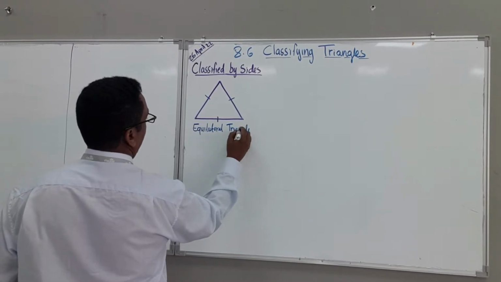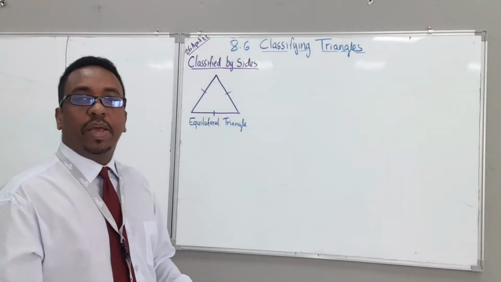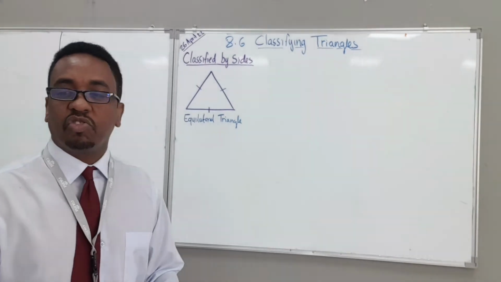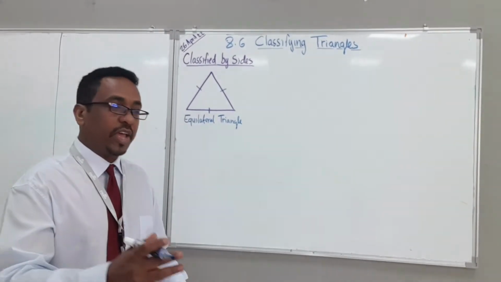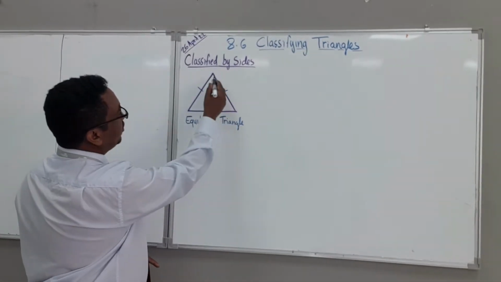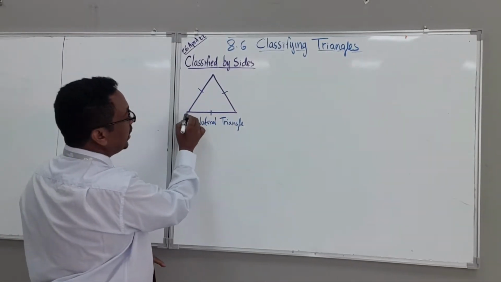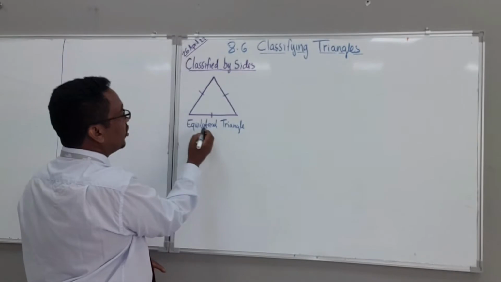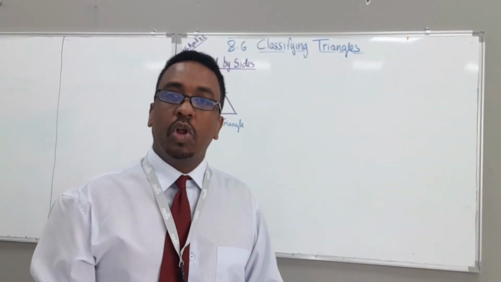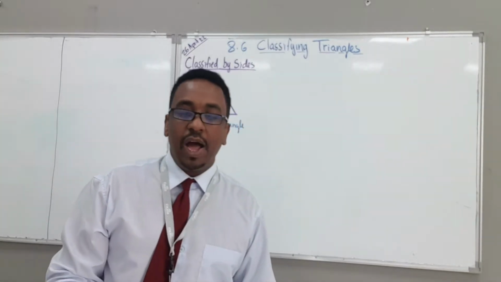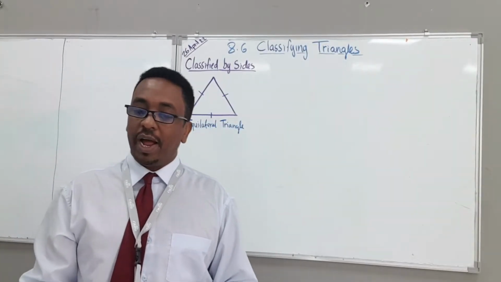Why is it called an equilateral triangle? Equilateral means equal sides. The length of this side is equal to this side, so that's why we call it equilateral. In other words, we could say they are congruent. All the sides are congruent.